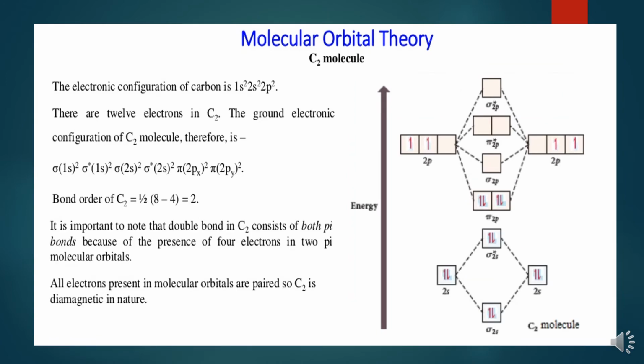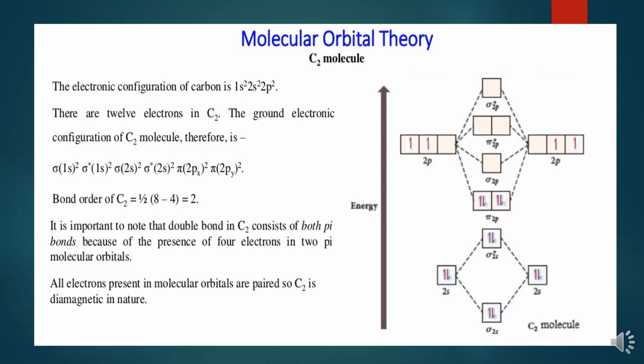Next is C2 molecule, which is obviously a 12 electron system. So the 11th and 12th electrons are to be filled in pi 2px and pi 2py according to Hund's rule of maximum multiplicity, because electrons first enter singly in degenerate orbitals, as we have seen in the boron molecule. Now pairing will start from carbon. So C2 molecule will have completely filled pi 2p orbitals.